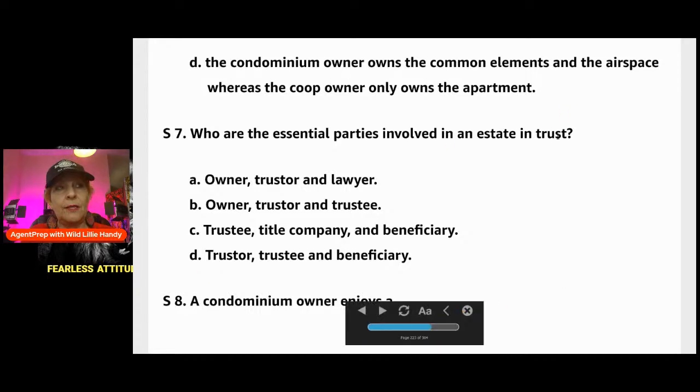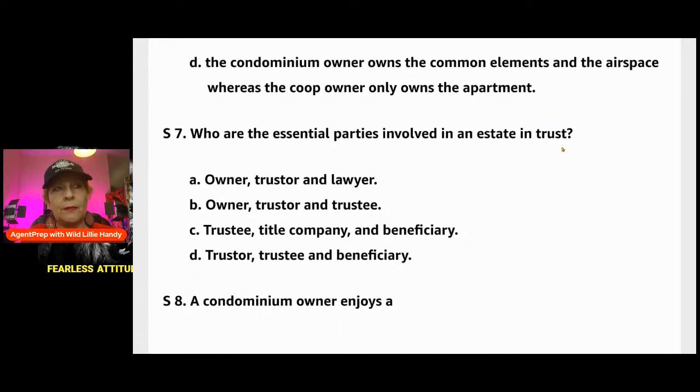So again, what is part of a trust? How many individuals are typically in a trust? I mean, all the answers have 3, and so there are 3. Anyone else?